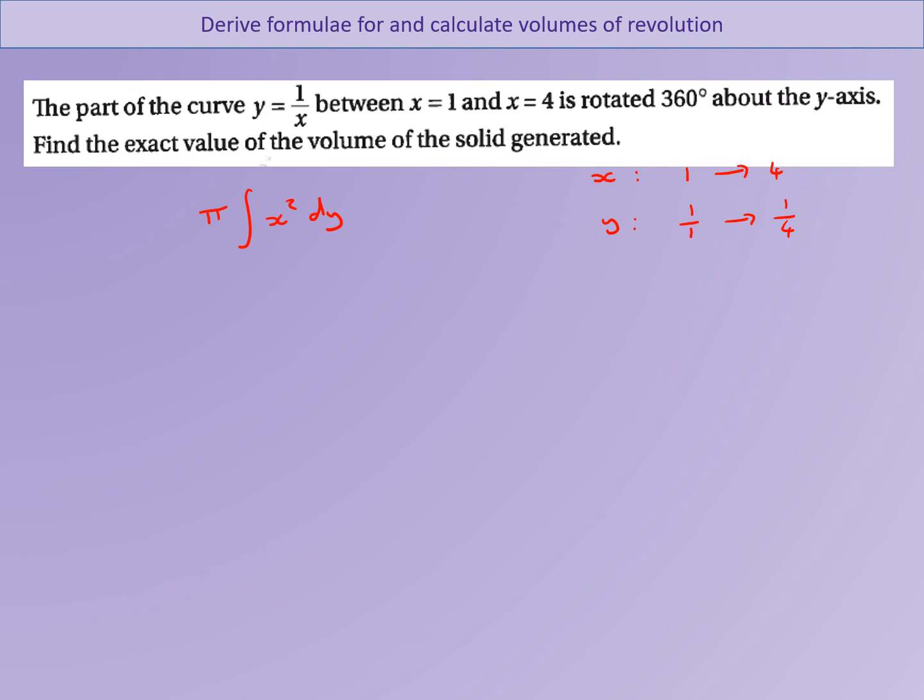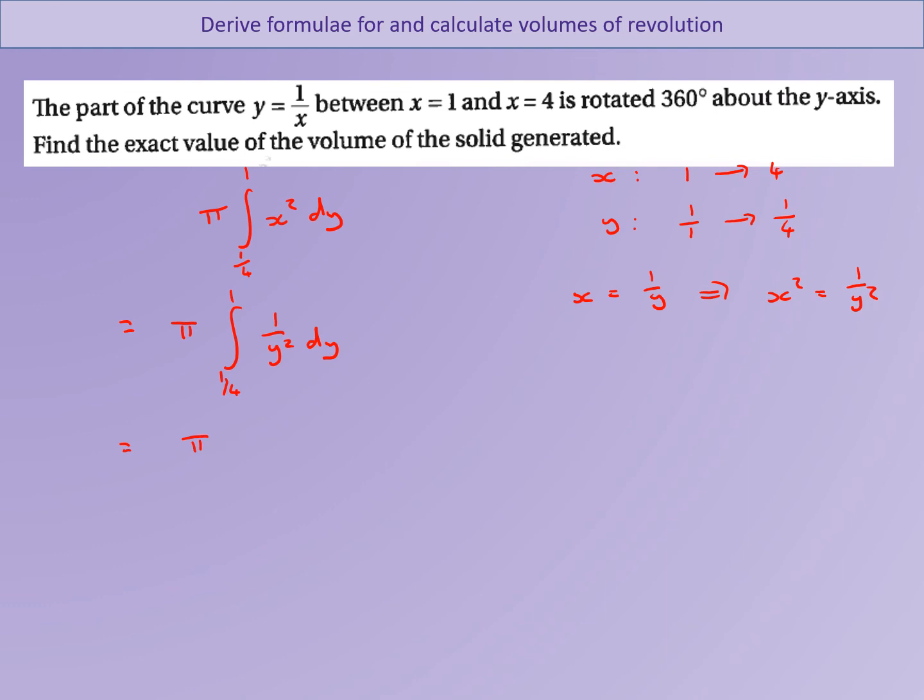So we're going to be integrating on the interval between a quarter and 1. We're going to swap it over so that the smallest number is on the bottom. We also need to find an expression for x squared. So x will be 1 over y, so x squared will be 1 over y squared. So the integral becomes the integral of 1 over y squared dy on the interval from 1/4 up to 1.